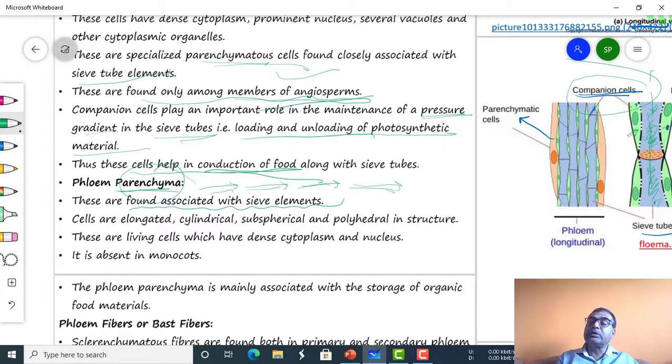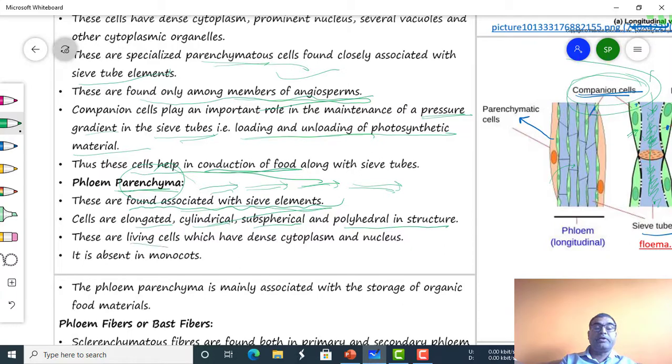Actually, the pressure is regulated by the companion cell. From parenchyma, that material passes into the sieve tube. Therefore, these are associated with the sieve tube elements. These are elongated, cylindrical, subspherical or polyhedral in structure.